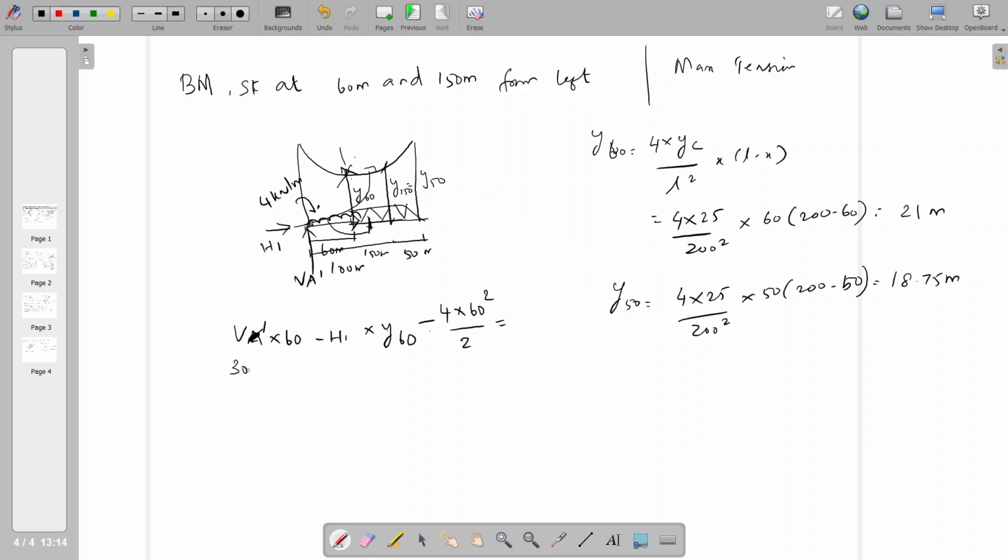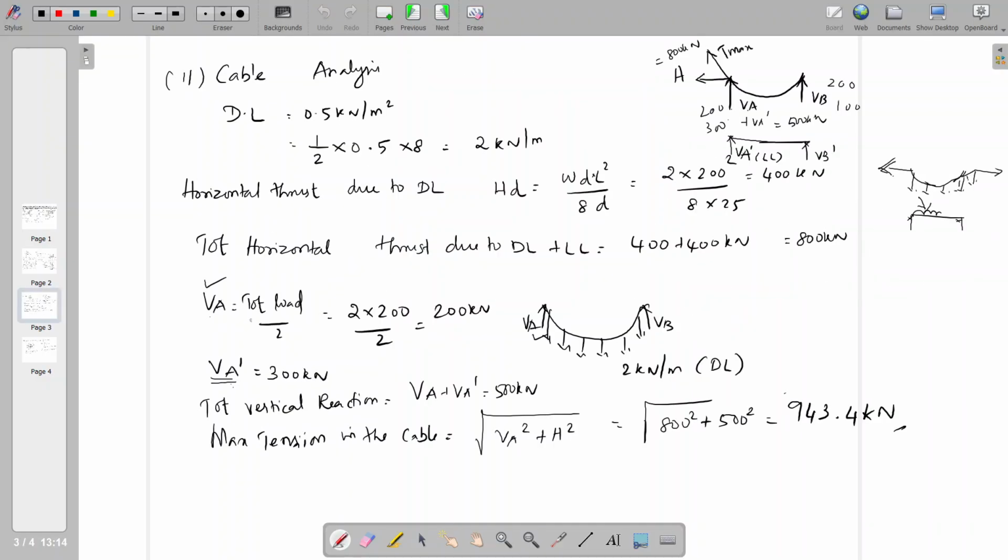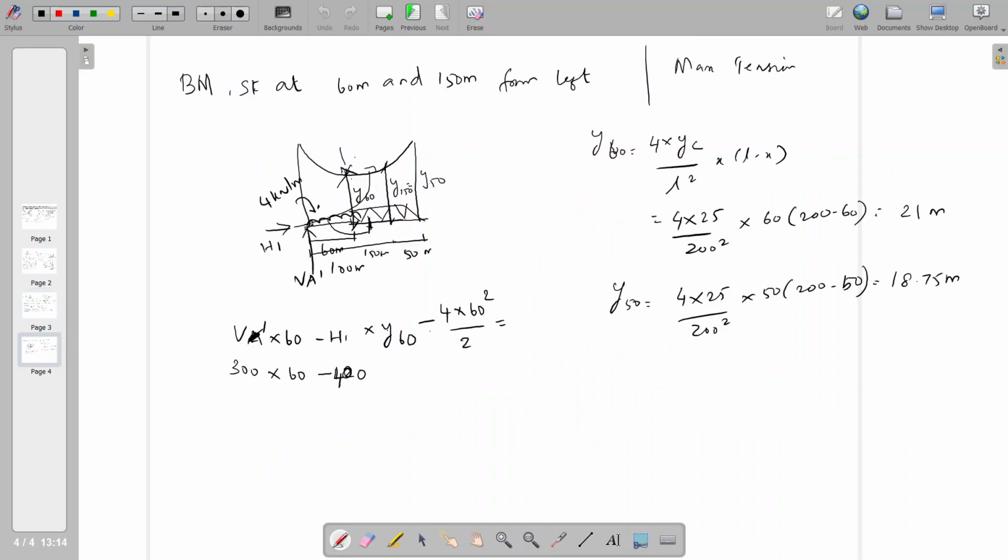VA dash is 300 into 60 minus H1, which is 400. H1 into Y at 60 is 21 minus 4 into 60 square by 2.